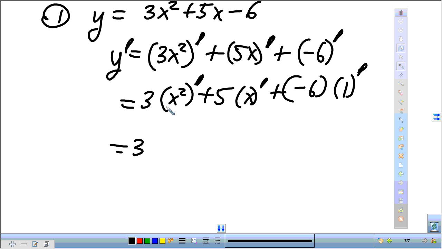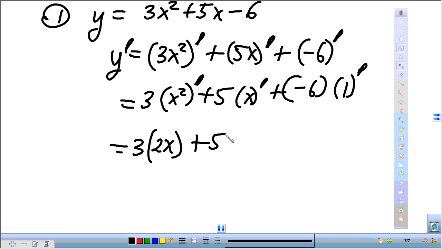So it means we just need to differentiate for powers. So here 3, and then this derivative is 2x to the first. This one would be 5.